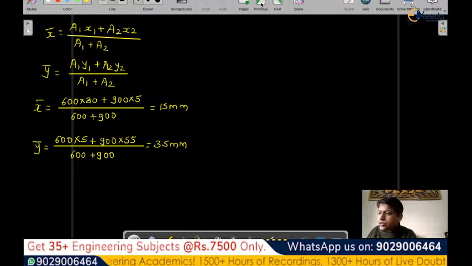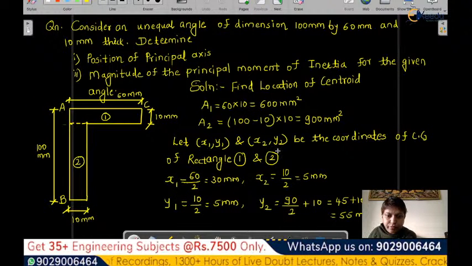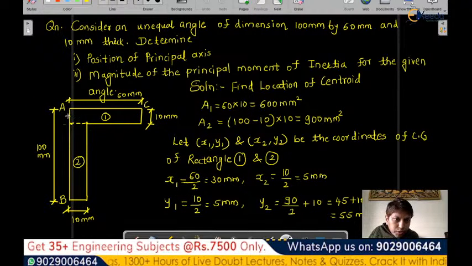So let's locate it. Locate the centroidal axis. X bar is 15 and y bar is 35. So x bar is 15, means this is 10, so 15 will be somewhere here, and y bar is 35. So let's draw it.